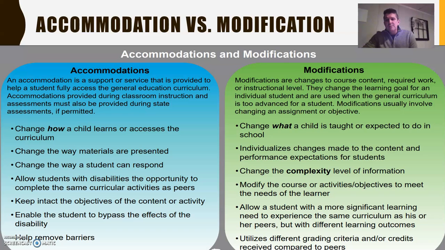If we were to do too many modifications, we're really lowering the expectations for students and in essence taking them off of the diploma track, whereas accommodations are really the mechanism in place to allow students to access that curriculum and stay on par with the standards that are being addressed with their non-disabled peers.